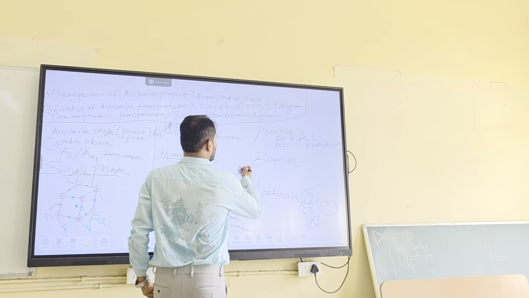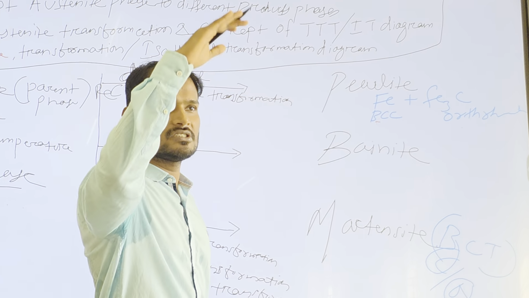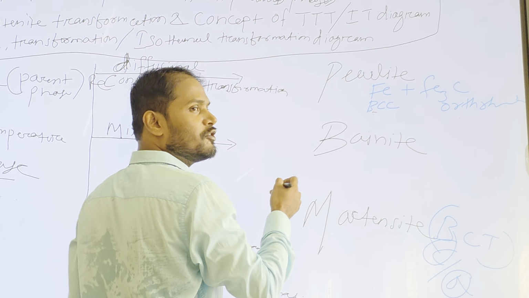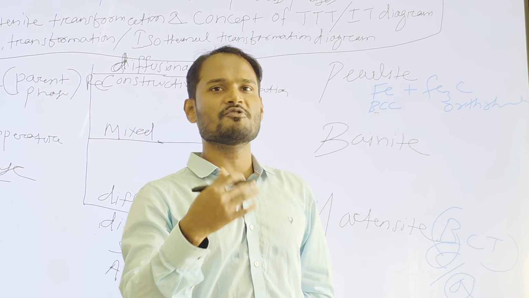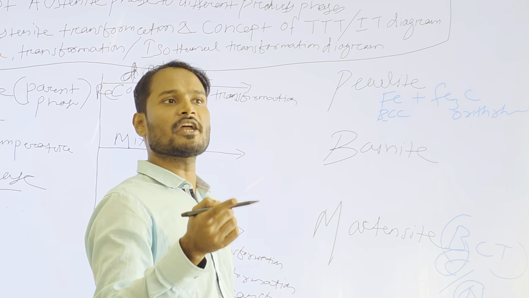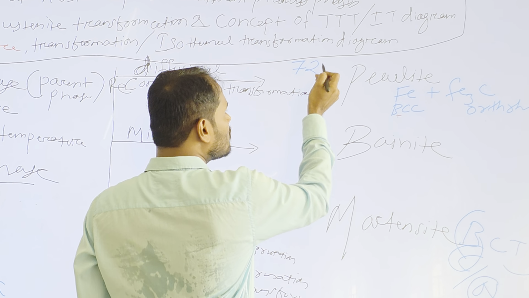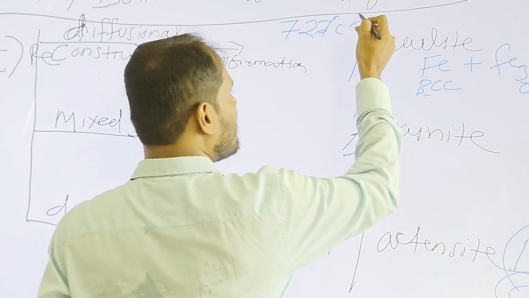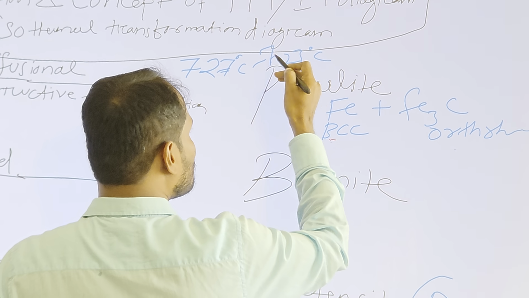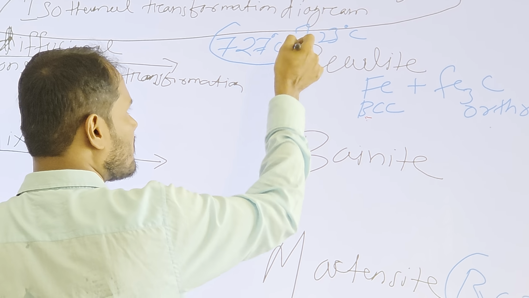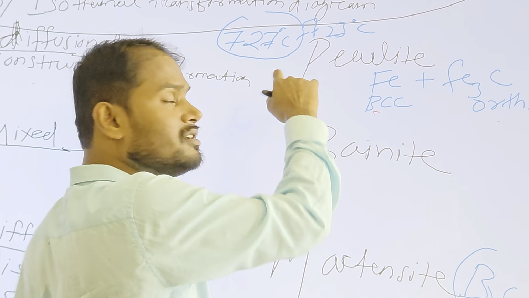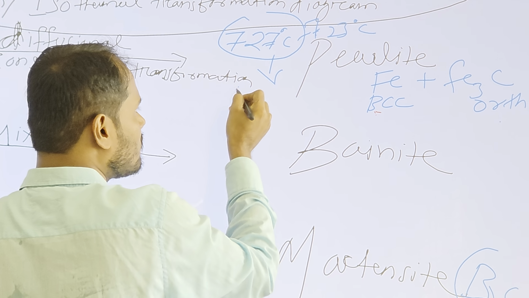See, pearlite transformation occurs in a range. Basically, can you tell me at what temperature the transformation will start? If you are dealing with eutectoid steel, it will be 727 or 723. Most people book like 727 basically. This is the start temperature and it will go down to how much? 550.